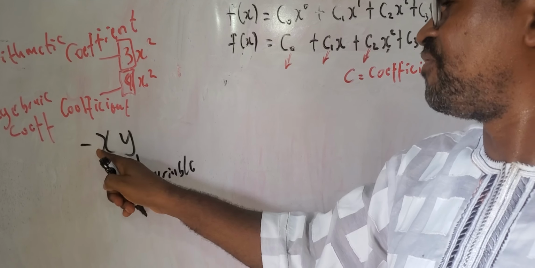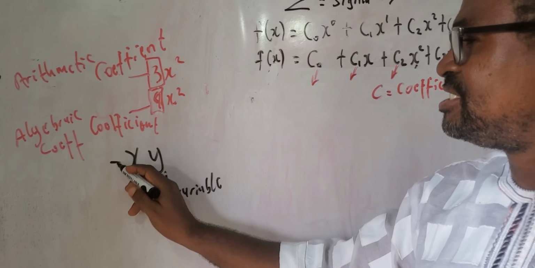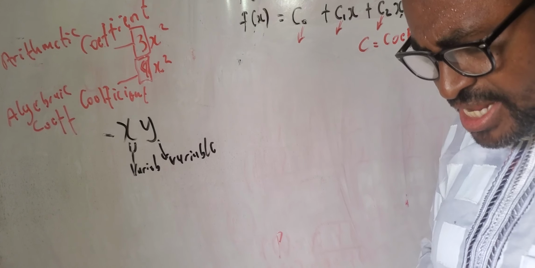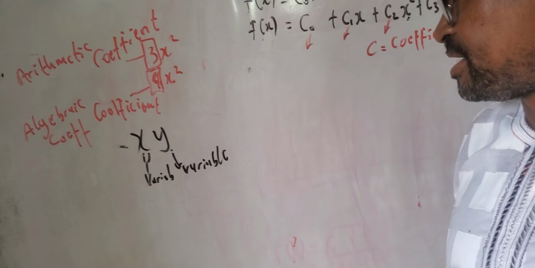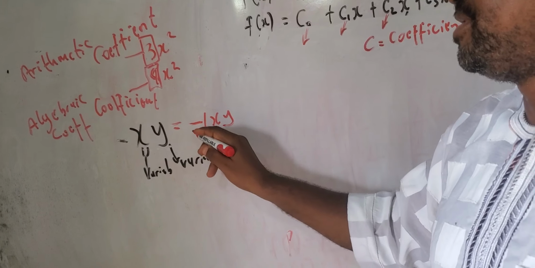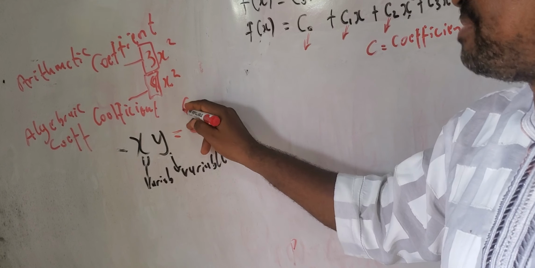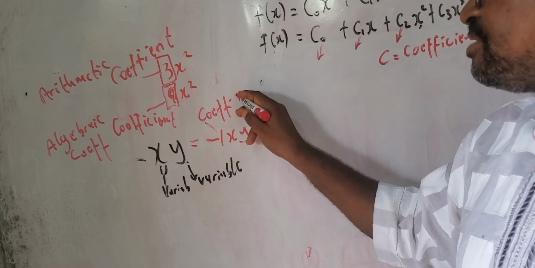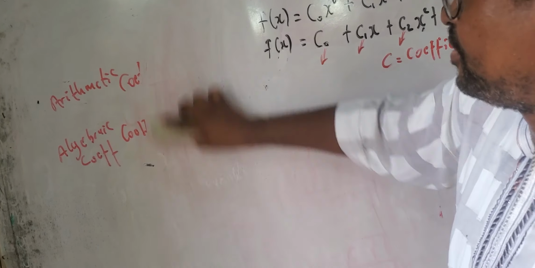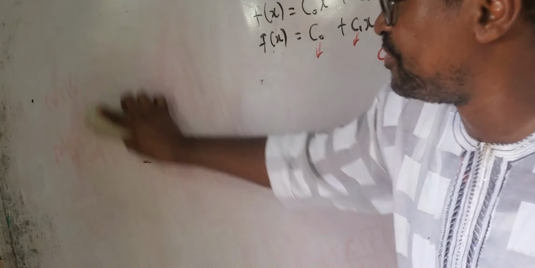No. What is in front of the two of them is minus. And anytime nothing is written in front of a letter in mathematics, we believe it is 1. So this expression actually means minus 1 xy. So that means the coefficient here is minus 1. Please take note of that. We need all this idea so that we can follow what we are doing.